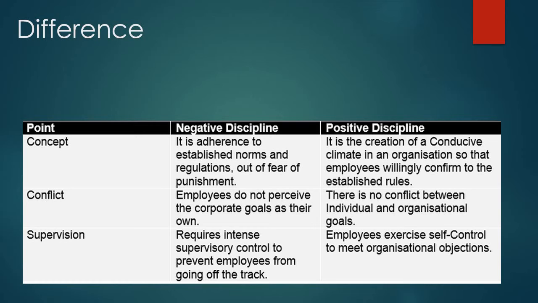Employees do not perceive the corporate goals as their own in negative discipline. There is no conflict between individual and organizational goals in the positive approach. Negative discipline requires intense supervisory control to prevent employees from going off the track. Driven by a positive attitude, employees exercise self-control to meet organizational objectives.